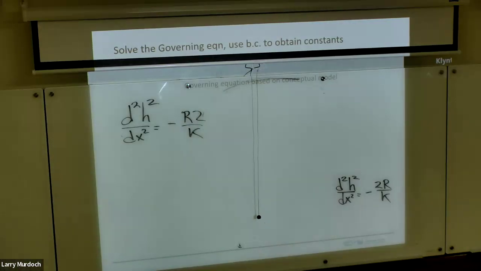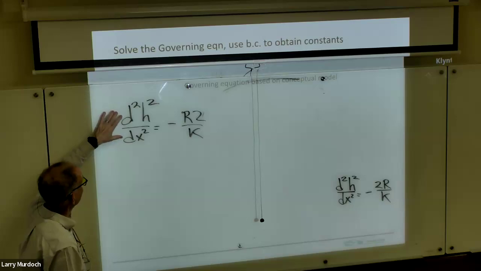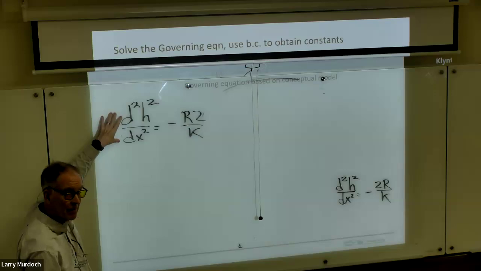All right, so we want to solve this. What do we do? What did we do last time at this point? Sure, integrate both sides. So if we integrate the second derivative, what do we get? Integration is like the antiderivative, right?